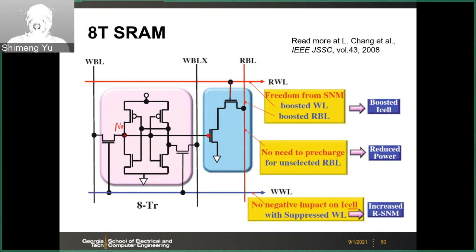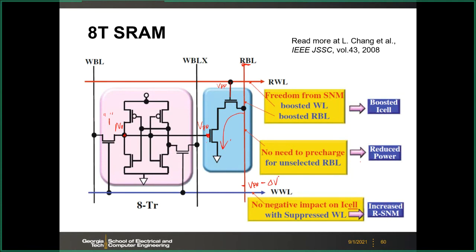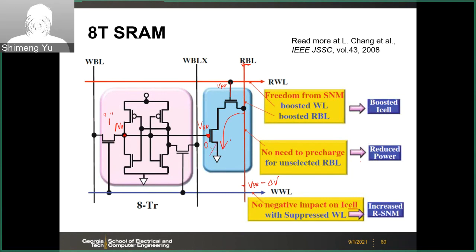Here the RBL will be precharged to VDD. When you store 1 in the N1 node, this will be VDD. Now you enable the RWL, you have VDD, so you have current flow to discharge the RBL by delta V. But if the N1 stores 0, then this NMOS is turned off, so you don't have the current flow.